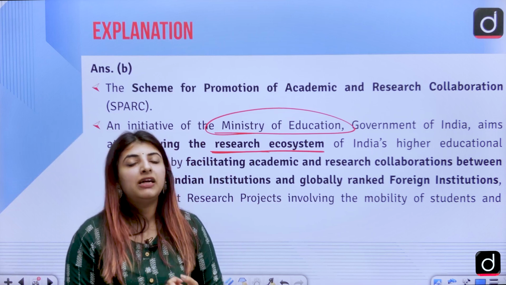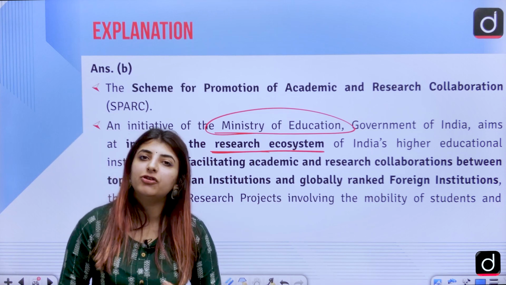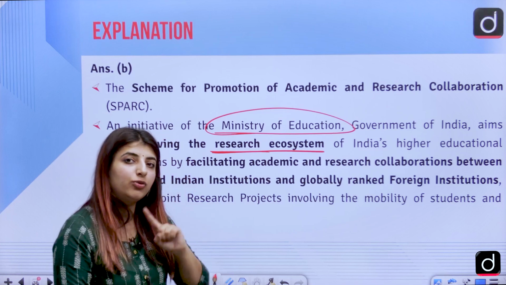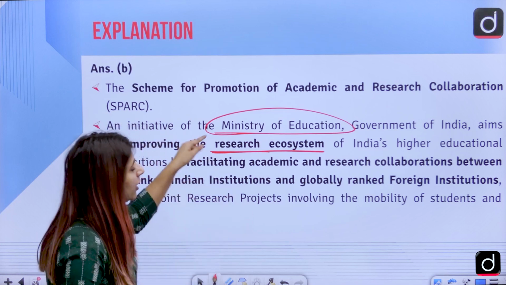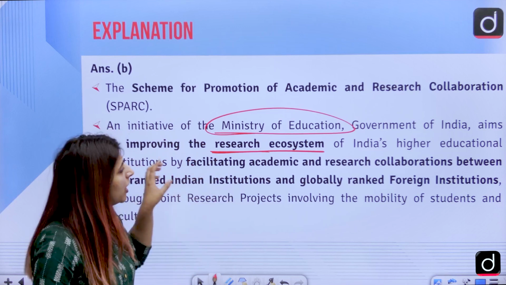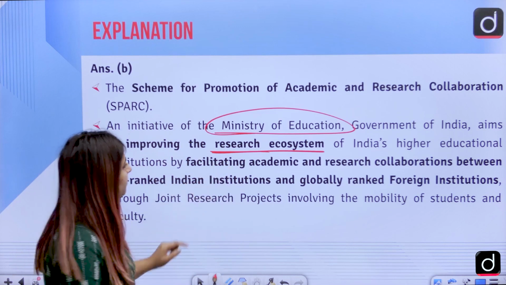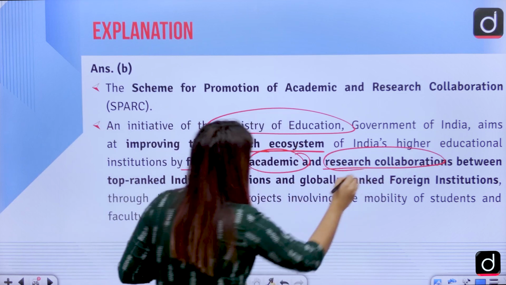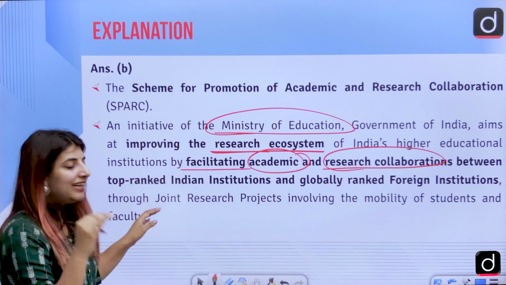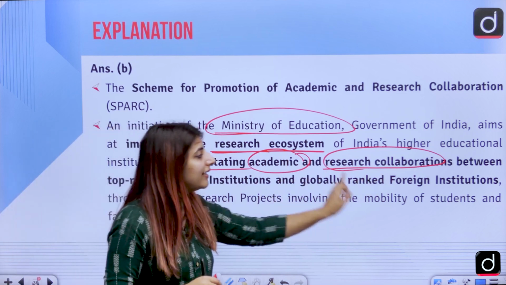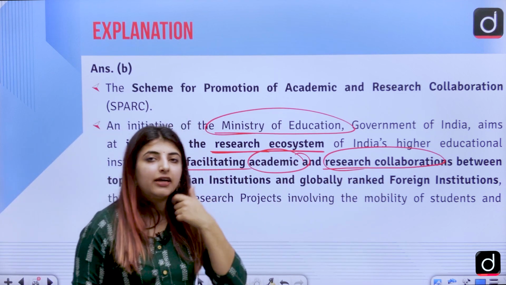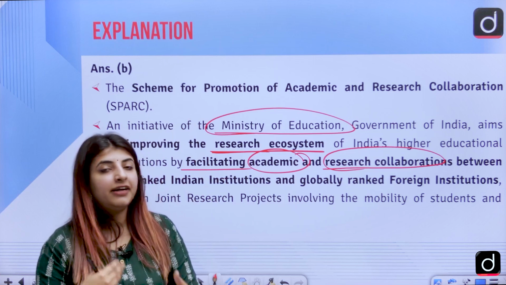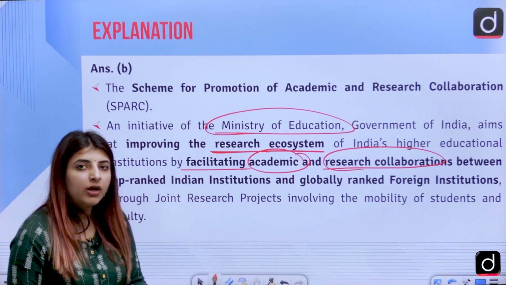So for that, multiple resources and improvisations should be done at the government's end as well when we talk about the education system of India, right? So they have developed this very scheme for the research ecosystem by facilitating academic and research collaborations between top-ranked Indian institutes and globally ranked foreign institutions, that how they can come, collaborate together, do research, invent a product, discover something new, right?